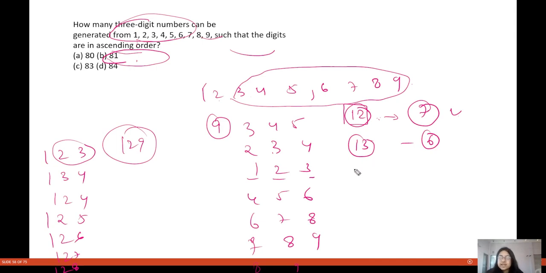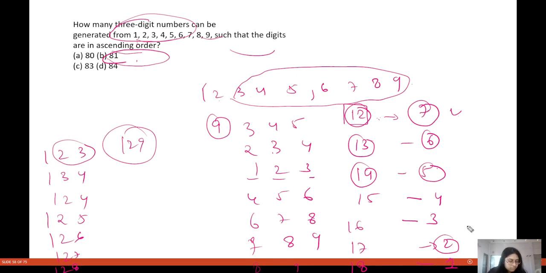If we are choosing 1 and 4, 5 numbers. 1 and 5, only 4 numbers. 1 and 6, only 3 numbers. 1 and 7, only 2 numbers. 1 and 8, only one number. So from 1, how many numbers are we getting? 7 plus 6 plus 5 plus 4 plus 3 plus 2 plus 1.